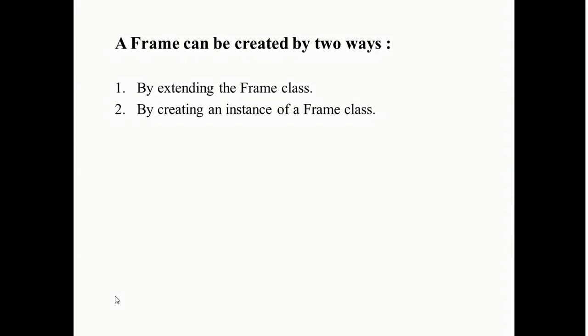Now next see, a frame can be created in two ways. Means the frame window is created in two ways. First is by extending the frame class, that is JFrame, and second way is by creating an instance of the frame class.